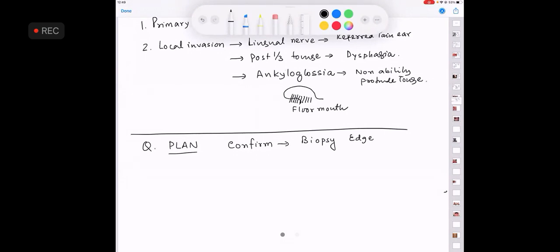As I have again said, an edge biopsy by an incision. Please refer to your theory notes. An incisional biopsy from the edge. The most common histologic variety is, what is the histologic variety, sir? Squamous cell cancer.